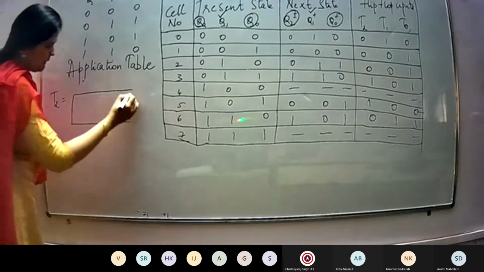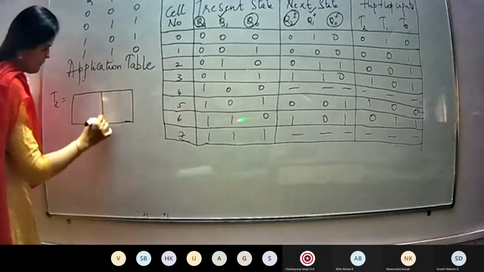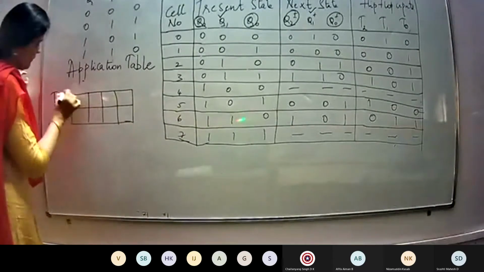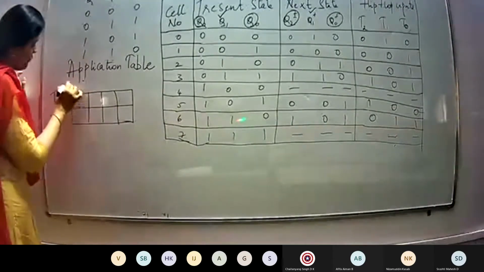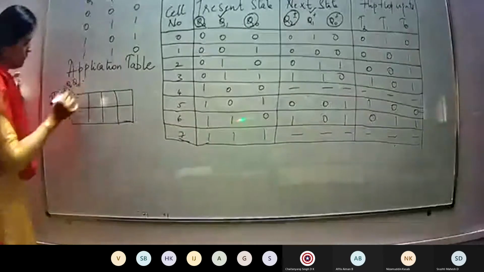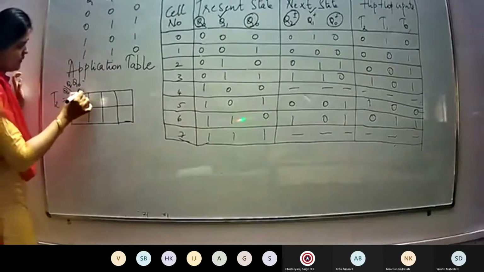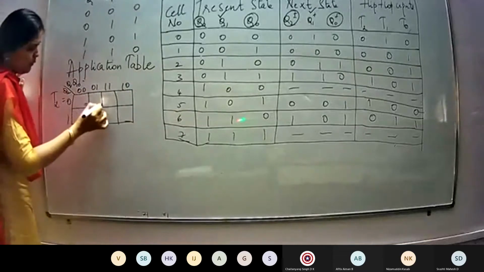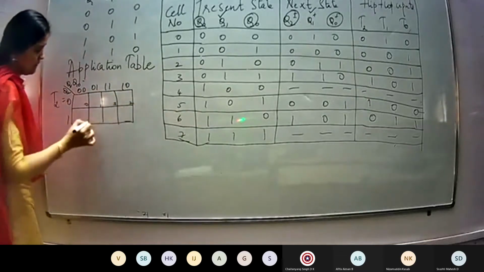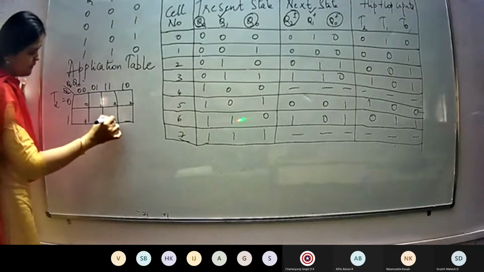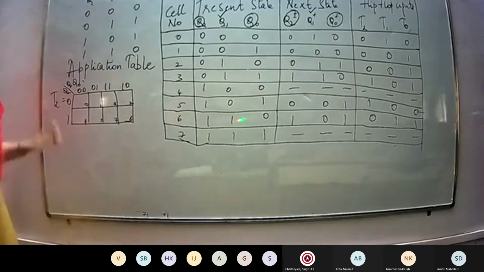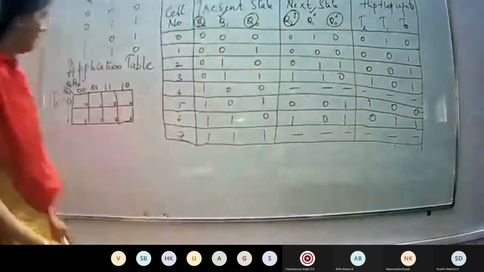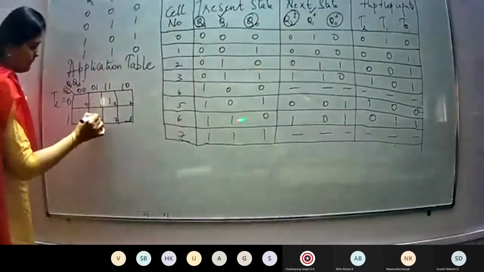You will be putting a 3-variable K map, with Q2 and Q1Q0 as 00, 01, 11, 10, and cells 0, 1, 3, 2, 4, 5, 7, 6. Which cell numbers are 1? 3 and 5 are 1.